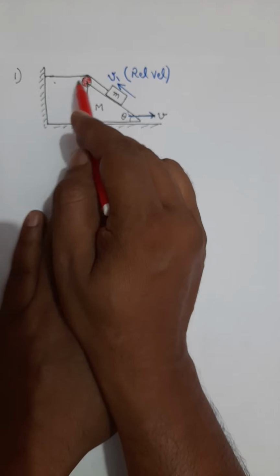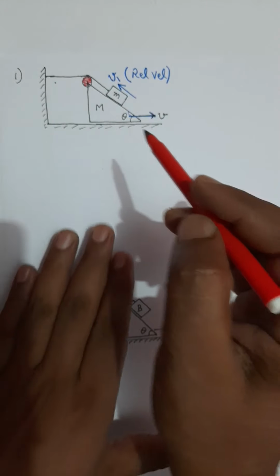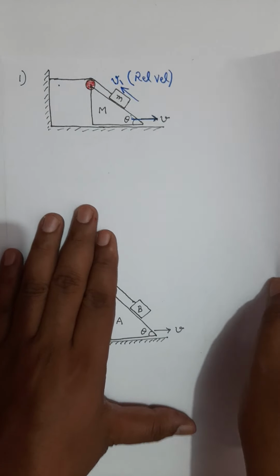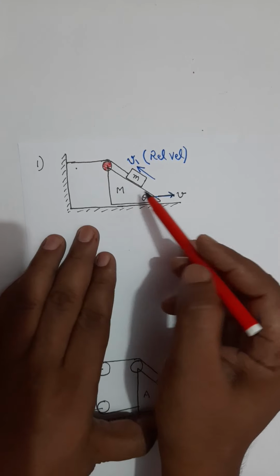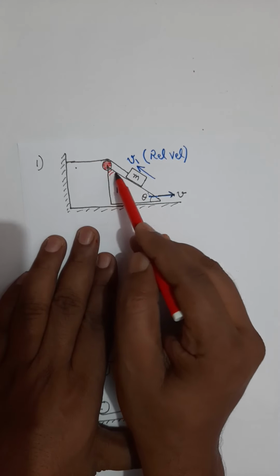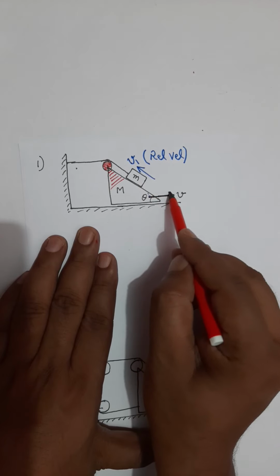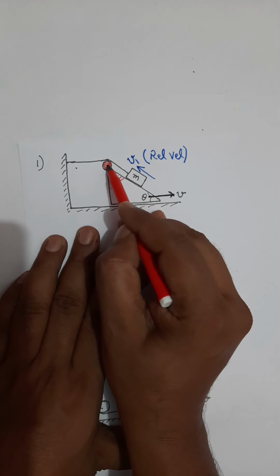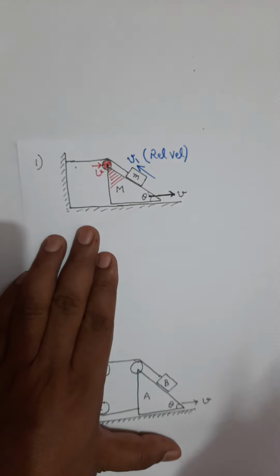We have this pulley, right? And if you follow the diagram, we have this pulley now. Since the pulley is attached to this wedge, if this wedge is moving forward with V velocity, naturally this pulley is also moving forward with V velocity.